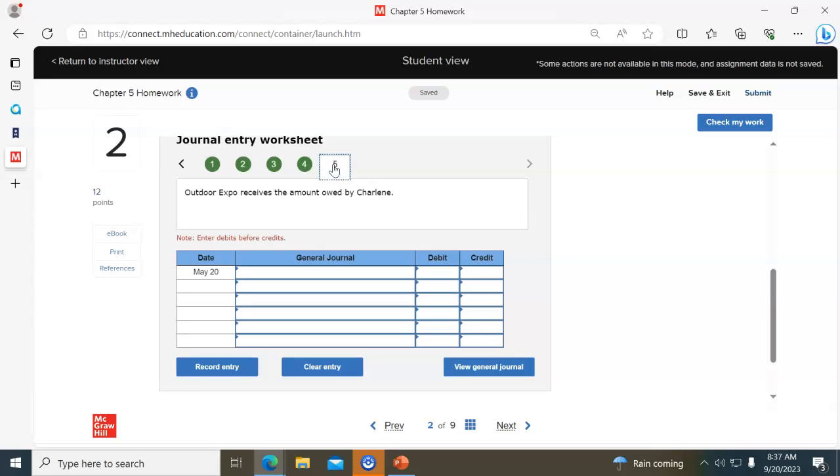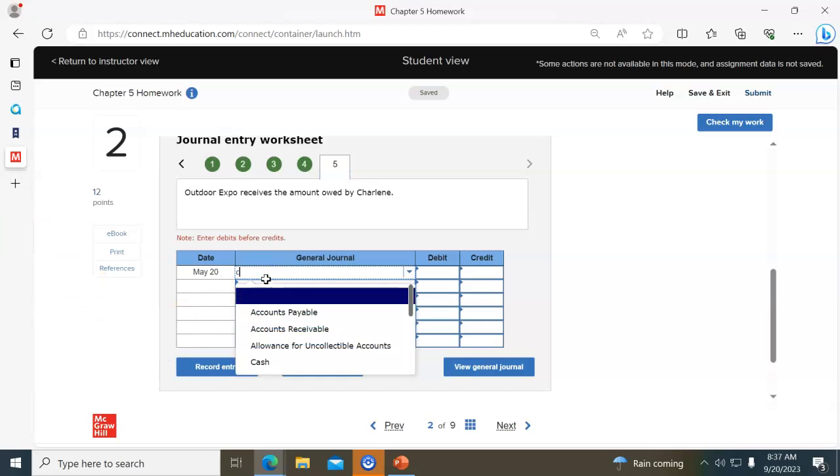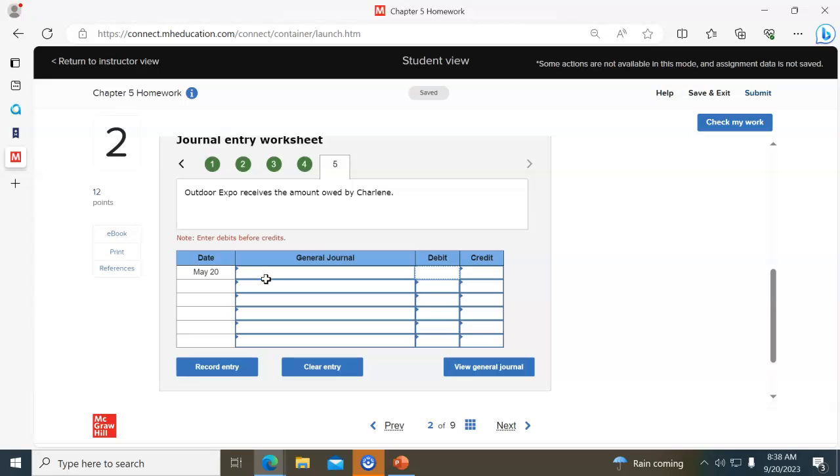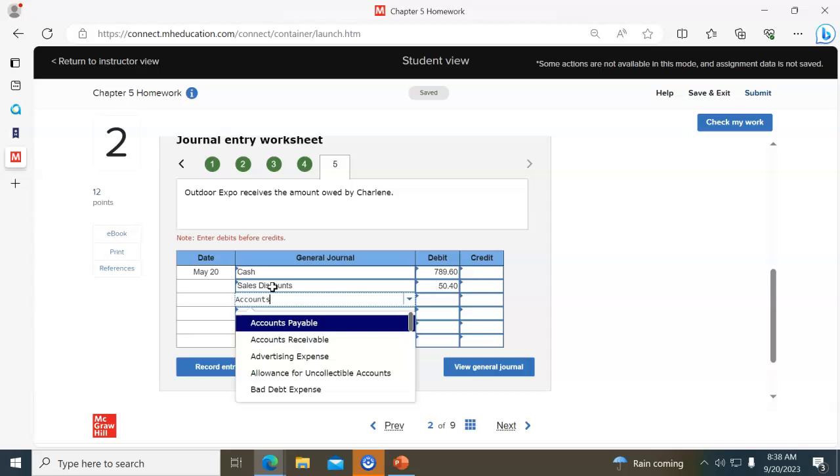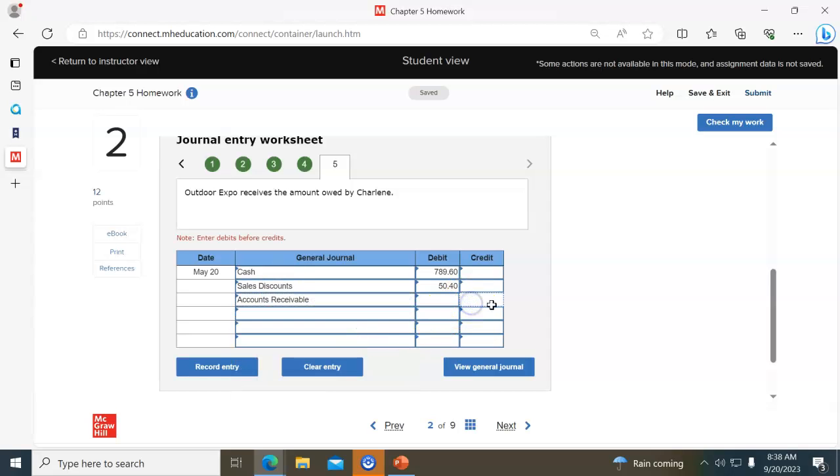Come on, you guys have cell phones. 840 times 6%? $50.40. So our cash is going to be the 840 minus the $50.40, $789.60. That's the cash. The sales discount is $50.40, and we credit the entire accounts receivable of $840 because she's satisfied the entire amount, hasn't she?